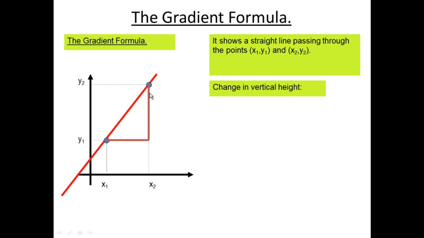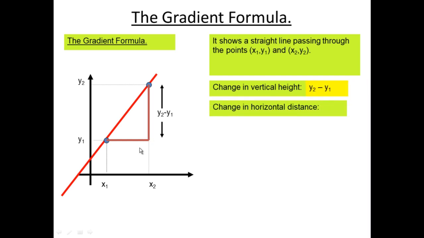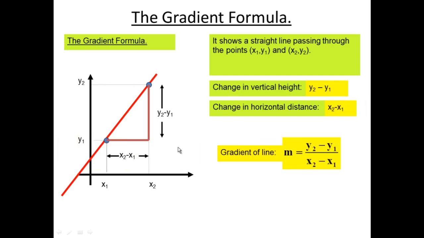The vertical height is difference between y2 and y1. And then the horizontal distance is difference between x2 and x1. So the formula of the gradient is y2 minus y1 divided by x2 minus x1.